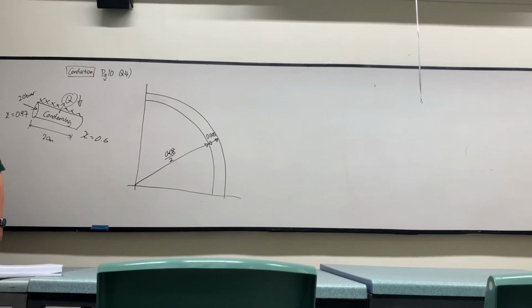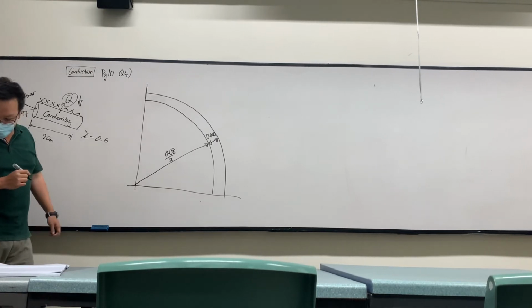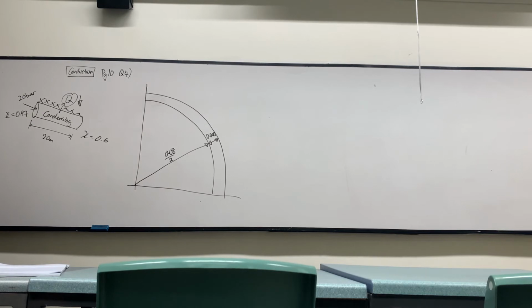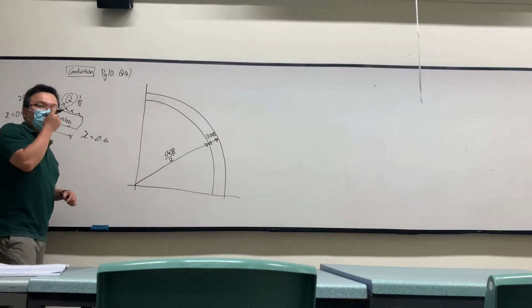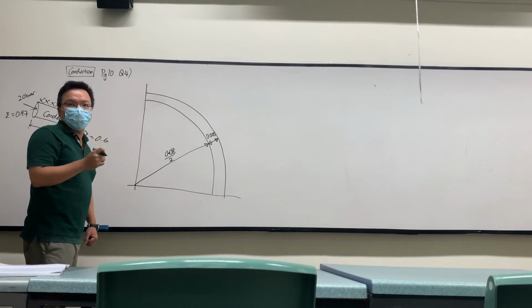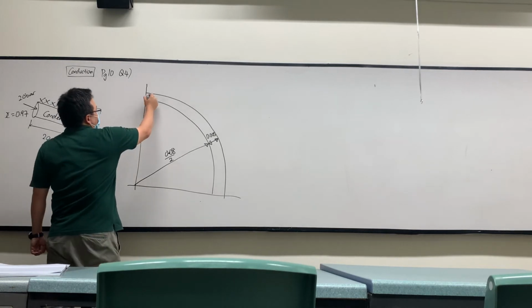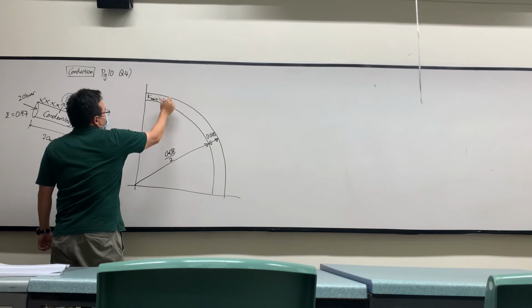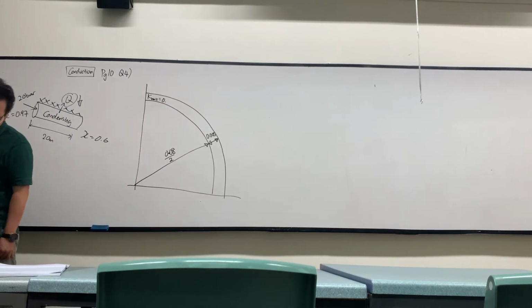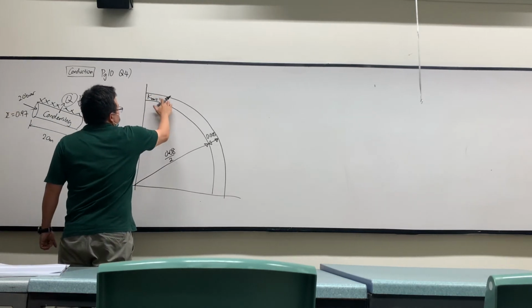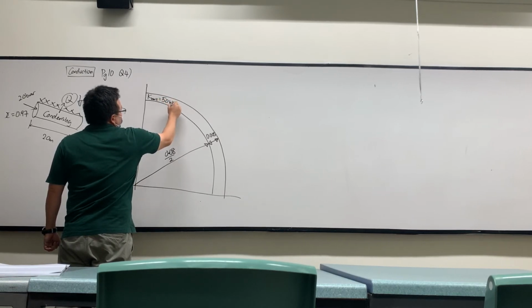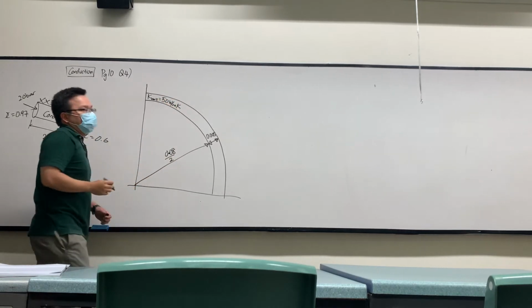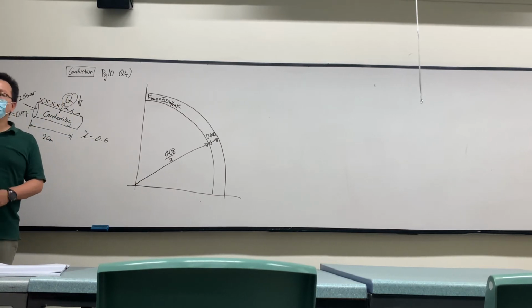Thermal conductivity of 50. What is the thermal conductivity symbol? K. Good. So this is K wall. Okay, so you have K wall already.